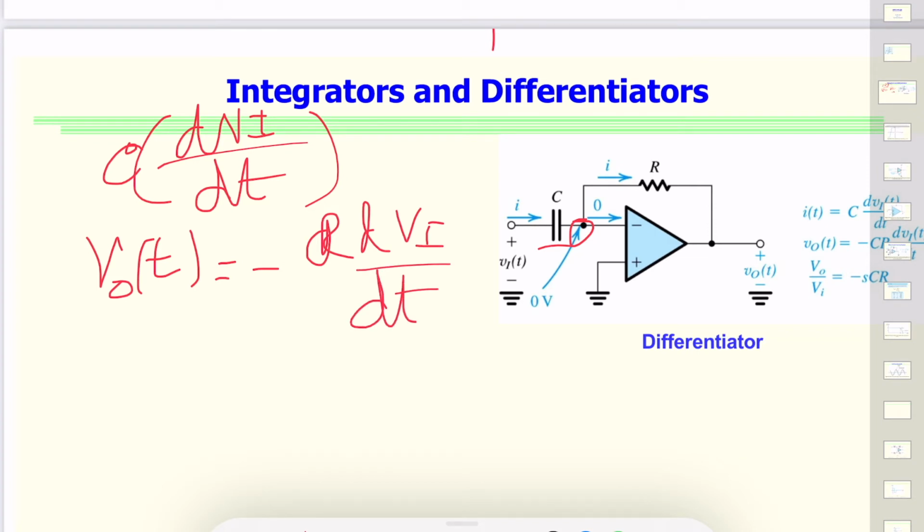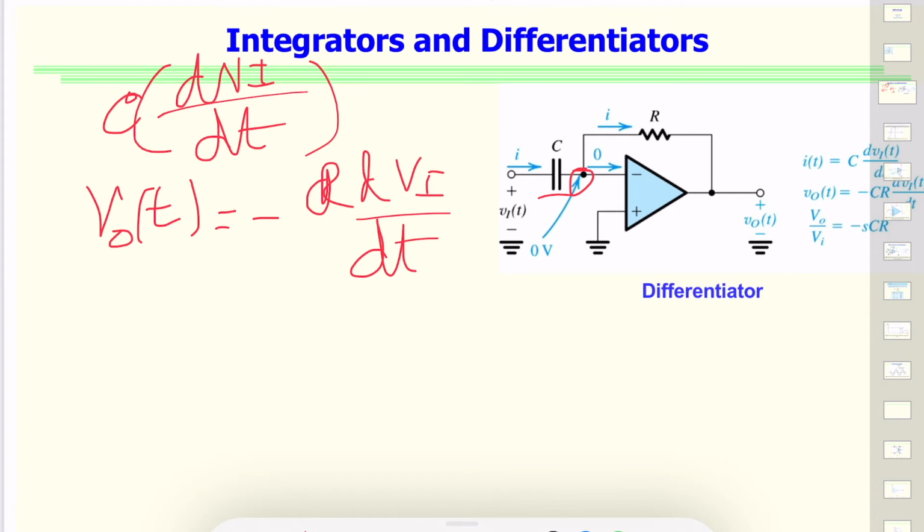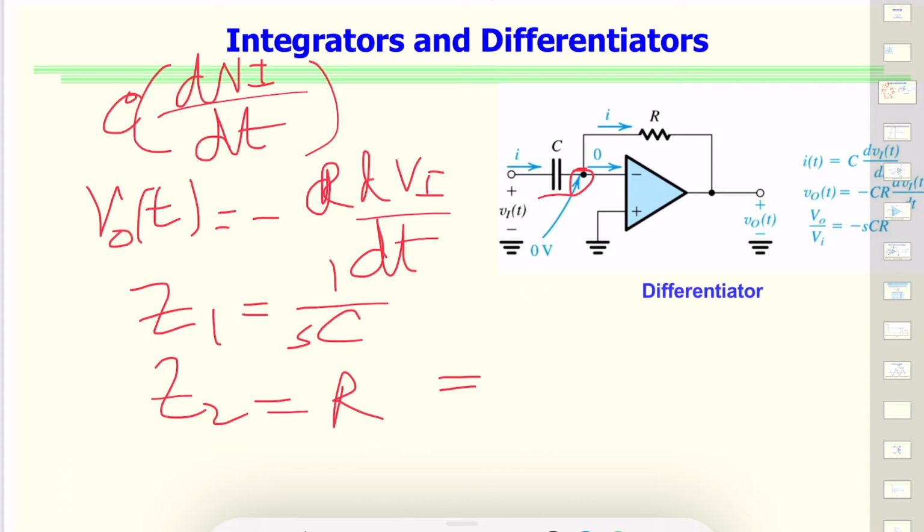So hence, this is differentiating the input signal, and what you get on the output side is the frequency domain transfer function of the circuit, which can be found by using 1 over SC for Z1, as we discussed in the generic case at the start, and Z2 would be just resistance, and that would result in the gain Vout over Vin to be minus SCR.